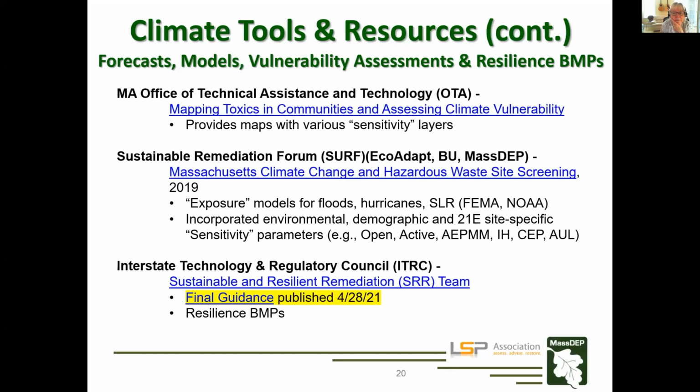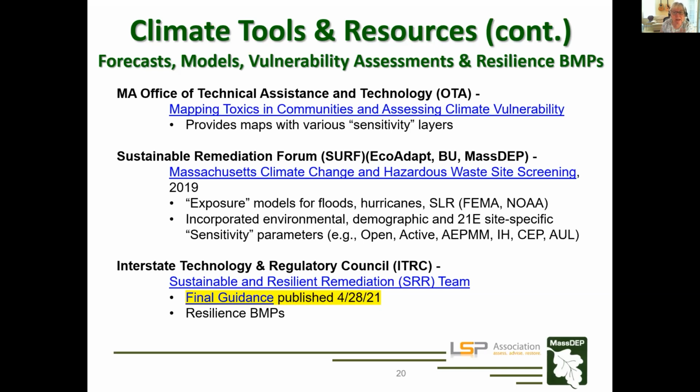OTA is mapping toxics in communities and looking at climate vulnerability, and they're going to provide maps with various sensitivity layers. So that's a resource that can help you on the sensitivity side of the vulnerability equation. The Sustainable Remediation Forum, or SURF, did climate change and hazardous waste site screening. They went through a lot of the MCP sites and did a whole data analysis of it.